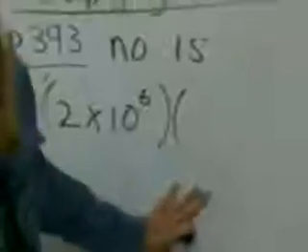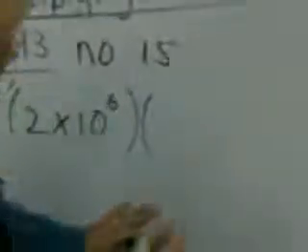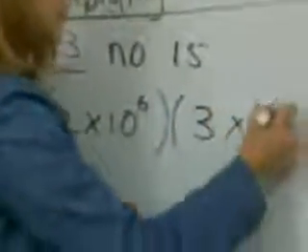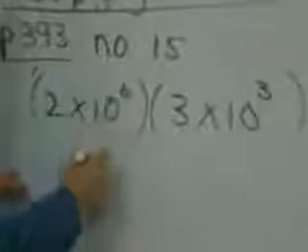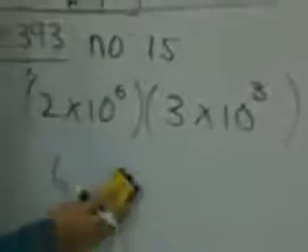It says 2 times 10 to the 6, multiplied with 3 times 10 to the 3. Again, 2 times 3 is 6. This one is actually an easy one, so let's do it together properly.